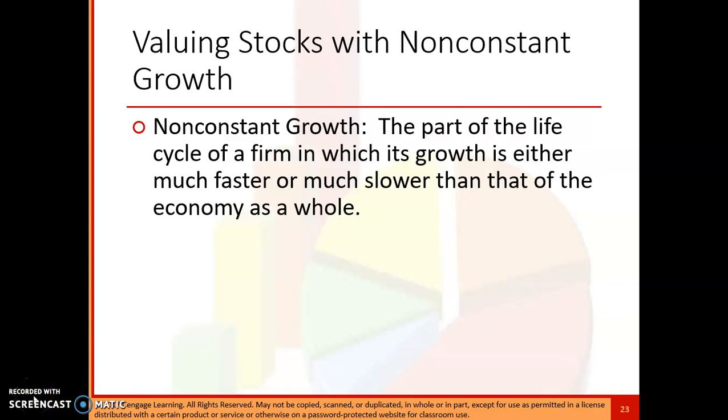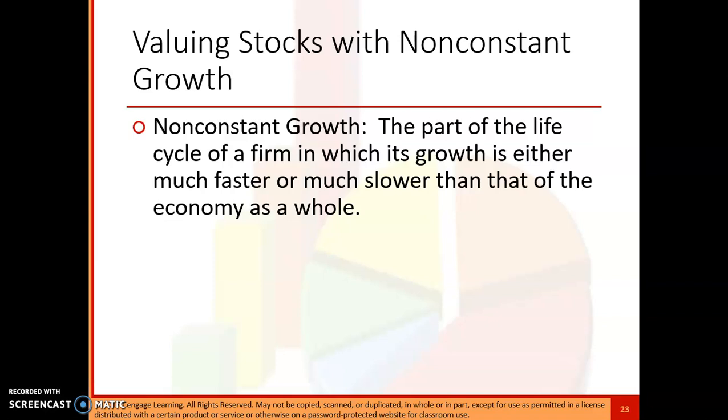In this section we're going to be talking about the non-constant growth model. We're talking about valuing stocks where part of the life cycle of the firm is growing either faster or slower.